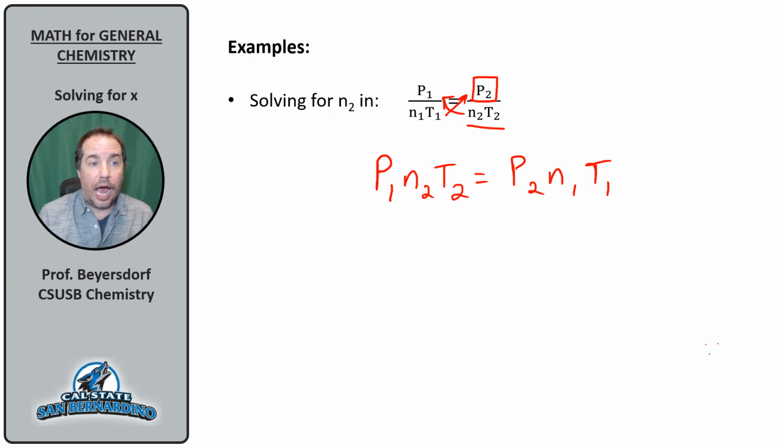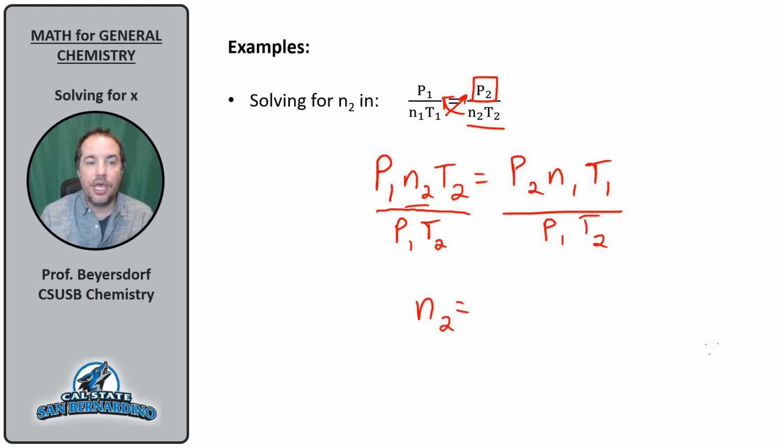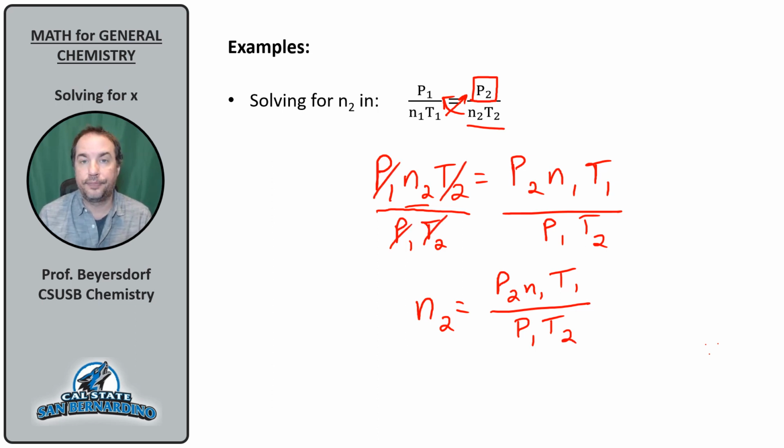Now I want N2 by itself, so I need to get rid of everything else. In this case, that's P1 and T2. Remember, if I do it to one side, I have to do it to both sides. N2 equals P2 N1 T1 over P1 T2. These would cancel out.